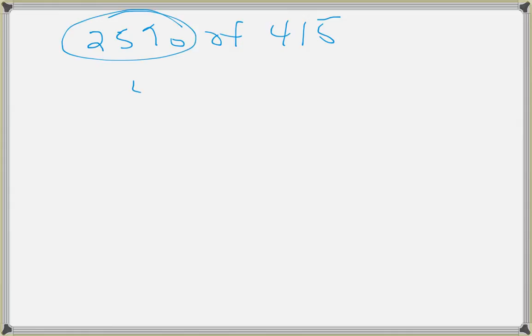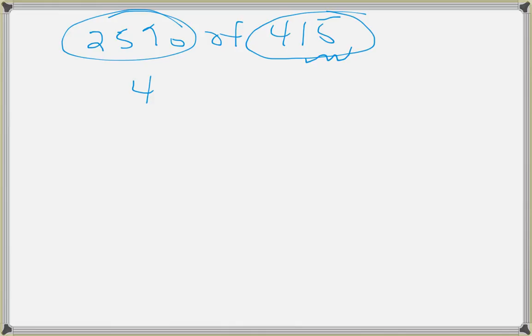But number 10 says 25% of 415. Now 25% is the one where, if we were trying to estimate, we would divide by 4. 4 is not going into this evenly, but you know 4 goes into 400. So 400 is pretty close to 415. 4 goes into 420.